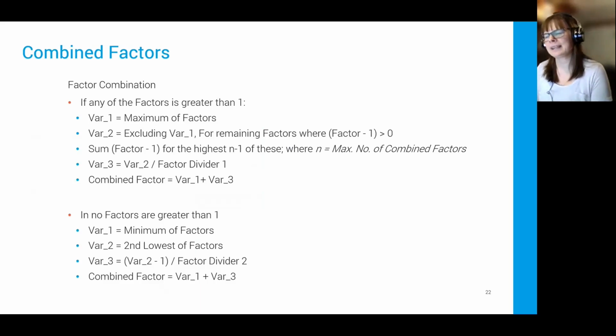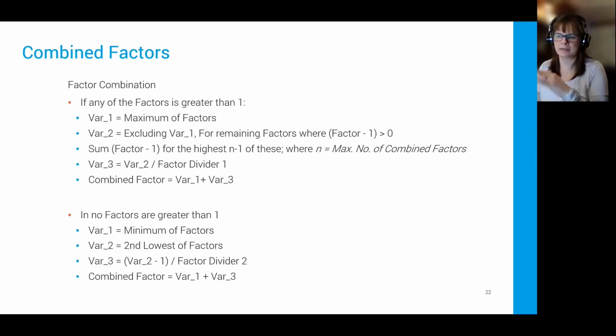In terms of combining factors, I'm not really going to explain this in much detail. This is a common methodology way, it's a CBRM way of doing it as well. But what we're saying here is that if you've got any factors above 1, you're going to take the worst one, and then you're going to increment that a bit for every other factor that is greater than 1, up to a certain number of combined factors.